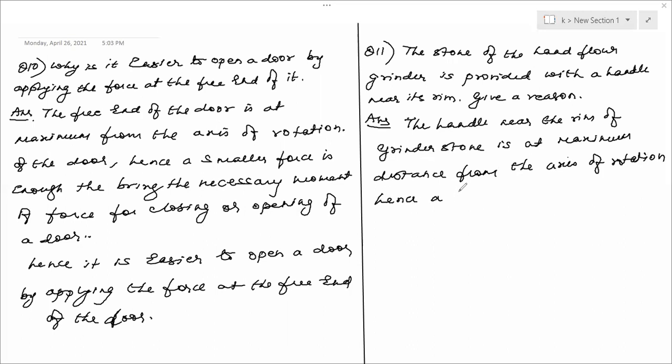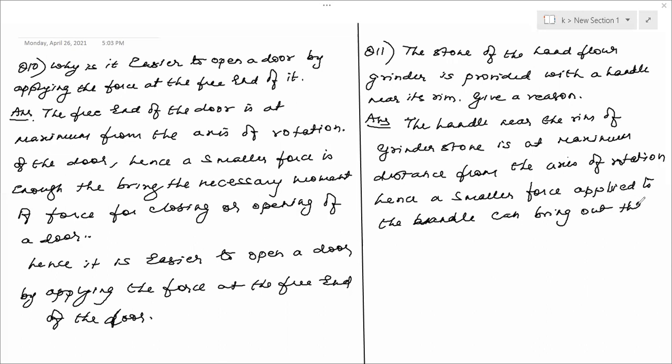Hence, a smaller force applied to the handle can bring out the necessary moment of force required for grinding.